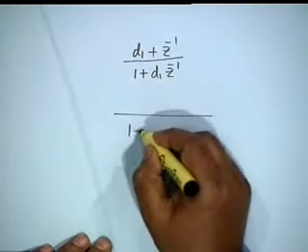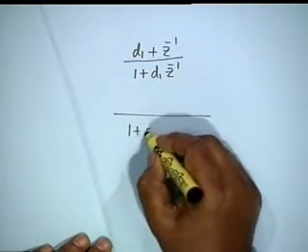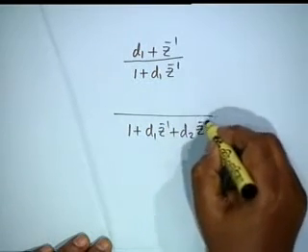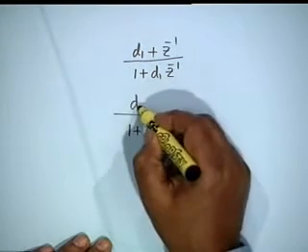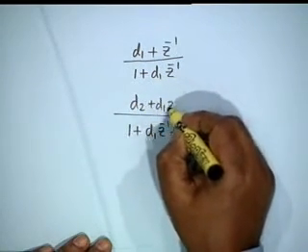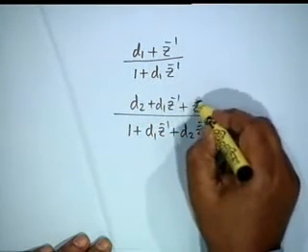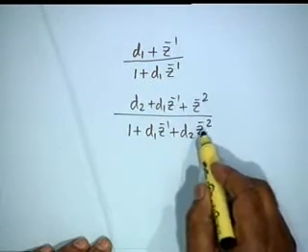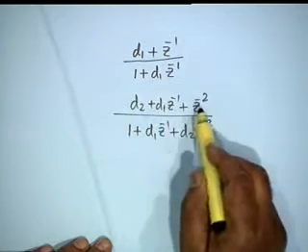Similarly, if I have a second order filter, 1 plus d1 Z inverse plus d2 Z to the minus 2, then the numerator shall be d2 plus d1 Z inverse plus Z to the minus 2. 1, d1, d2, so it becomes d2, d1, 1.